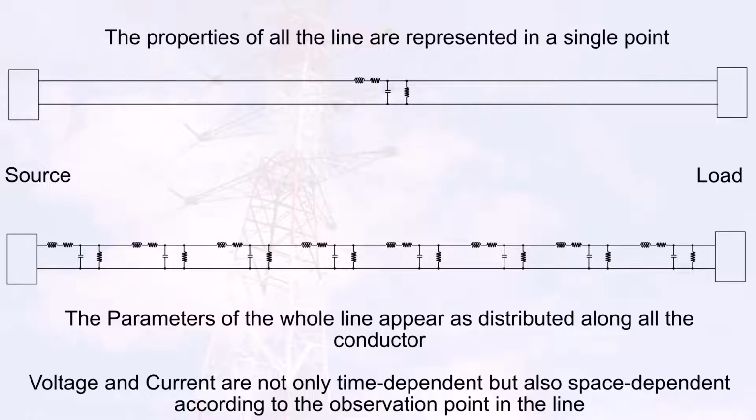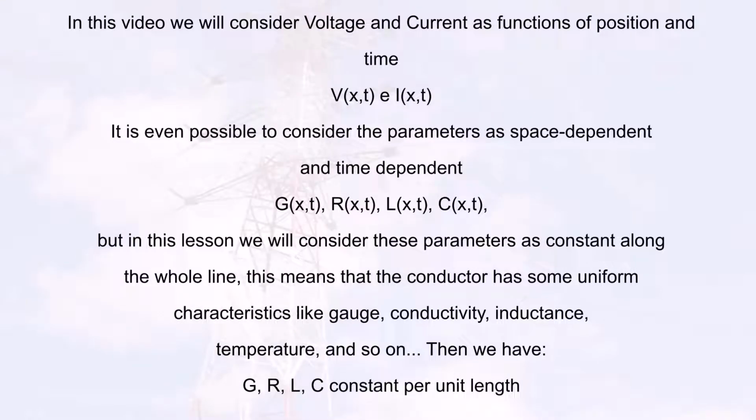I would like to mention also that the parameters could be time dependent and space dependent, and this would complicate our model. In fact this can be done, but for this video and for the sake of clarity I will stay with constant value parameters along the length of these transmission lines.